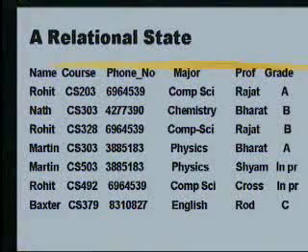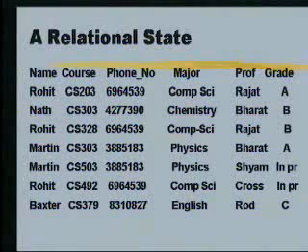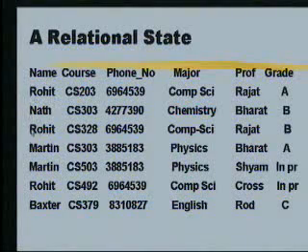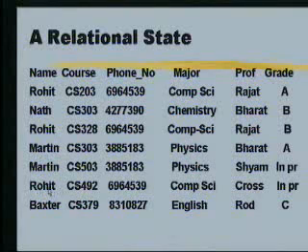The very first thing is that there are several names listed. These names are repeating in the table at several places. For example, Rohit appears here, here, as well as here.